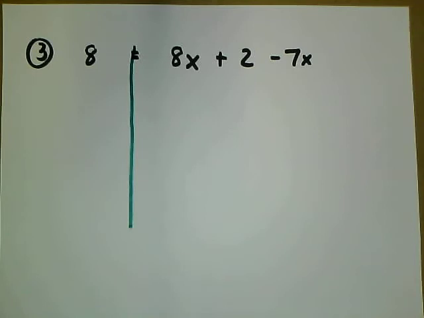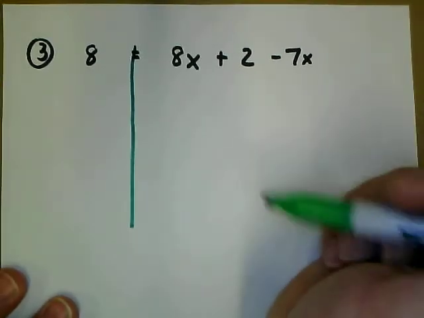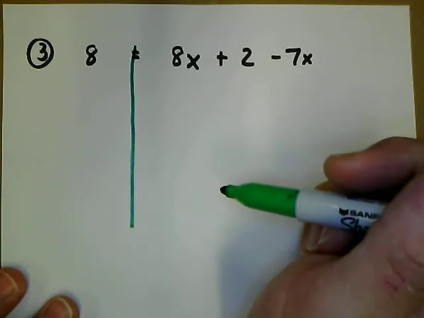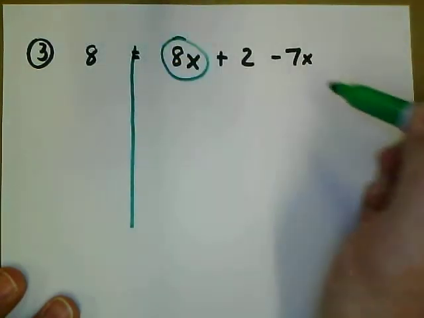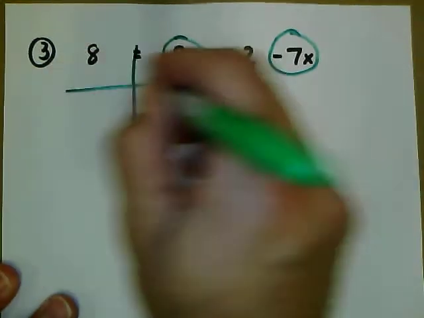This one, guess what? We can skip a step here too if we want to. Chris, what are my like terms? The 8x and the -7x. Excellent. Well done.